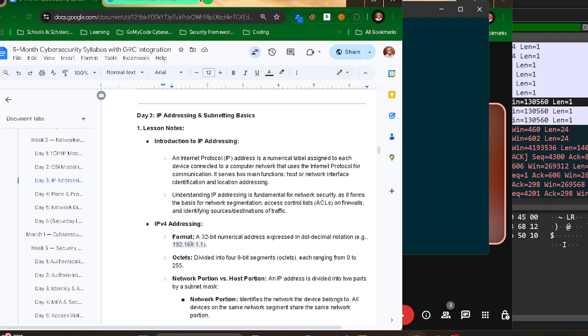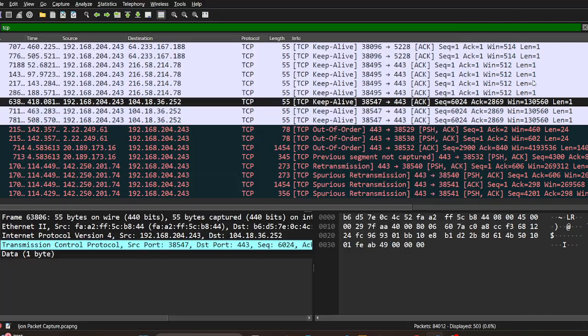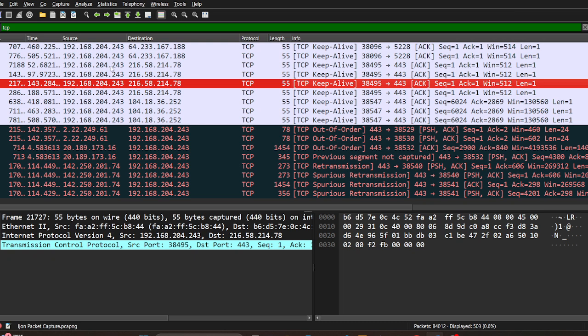So we have two versions of IP address, the internet protocol. We have version 4 and we have version 6. Everything you are seeing here is version 4, right?